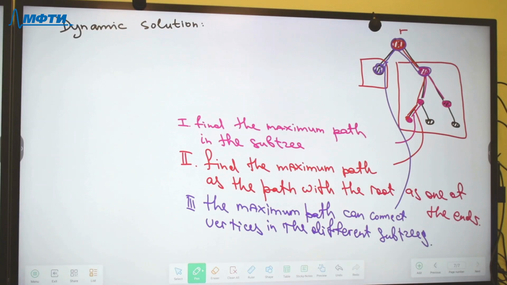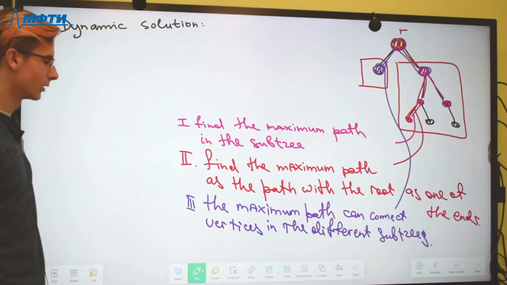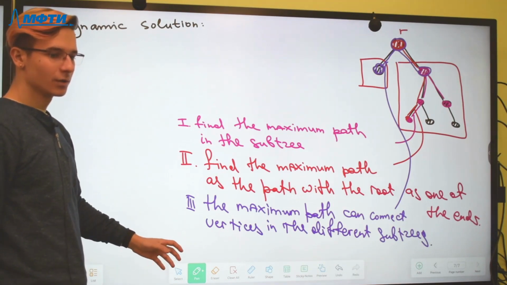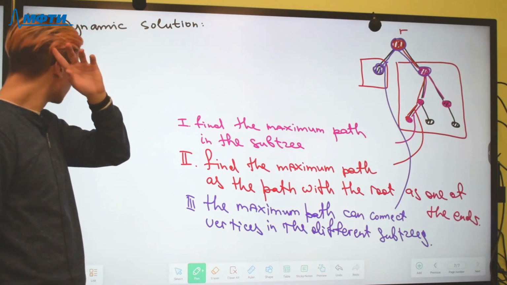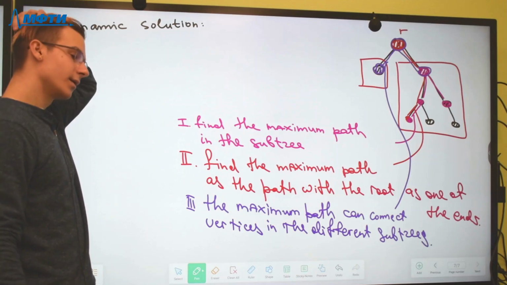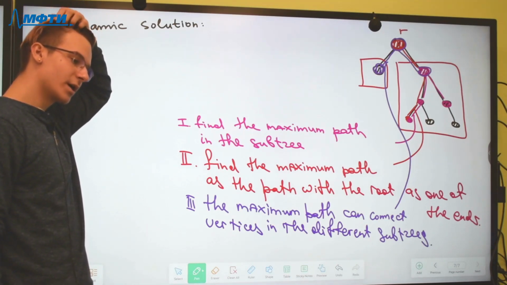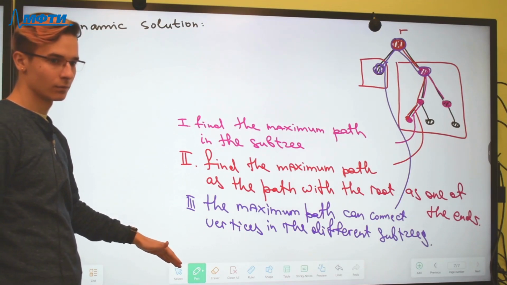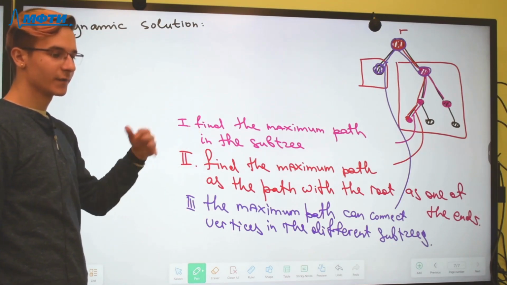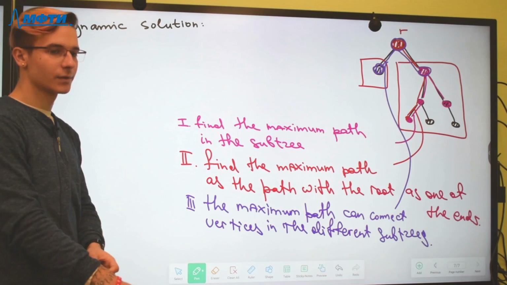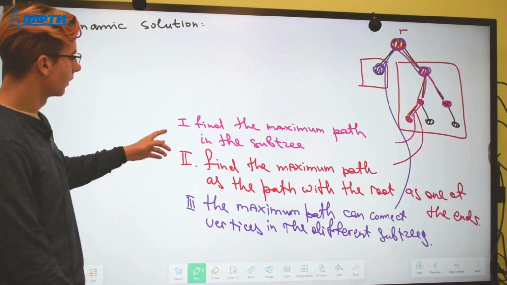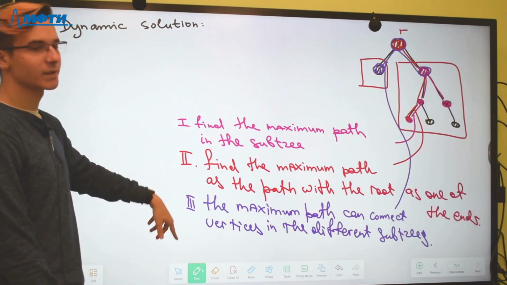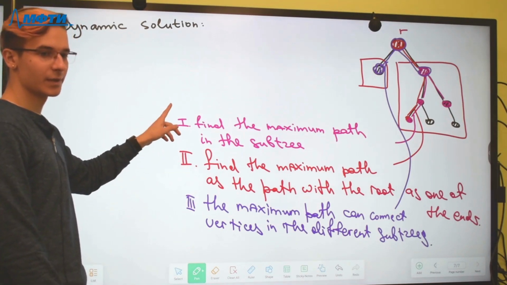And so we need to store a lot of information to understand what is the maximum path of each type. And then we get the answer as the maximum of 3 paths, that is, the maximum of these types.